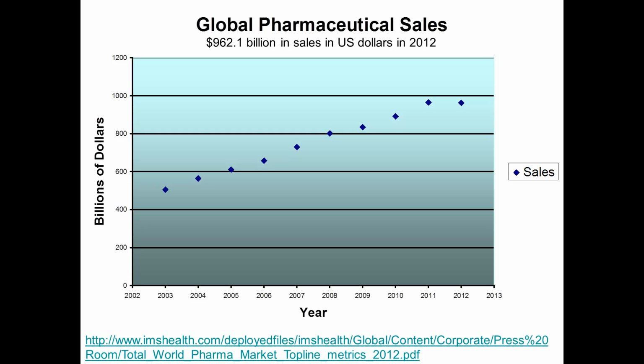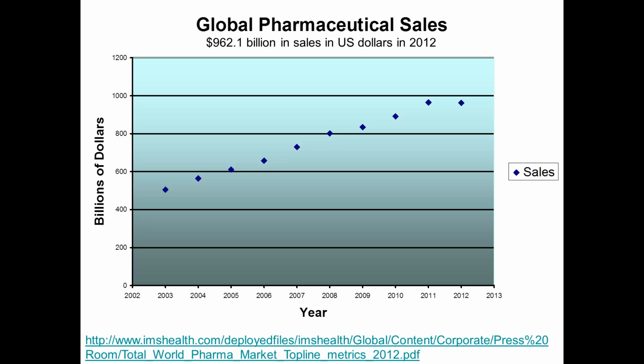So I've got a graph here that I actually plotted from the global pharmaceutical sales data. And so in 2012, the global pharmaceutical sales were $962.1 billion in U.S. sales.